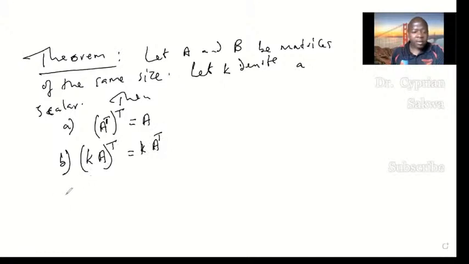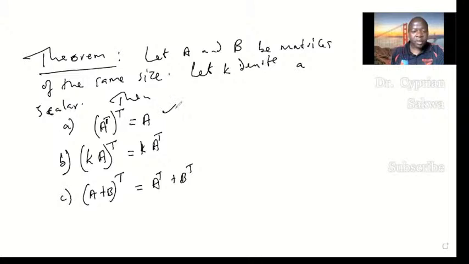And lastly, the transpose of the sum of A and B would be A transpose plus B transpose. So this is a very important theorem, and we'll be using it in some of our examples that will proceed. So let's remember this theorem.